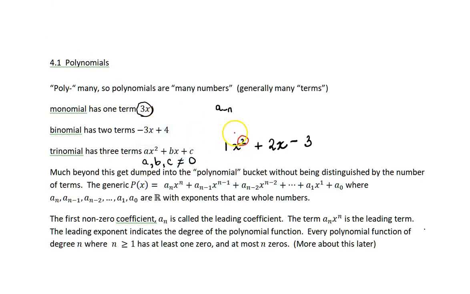Okay, so n, and then 1, and that's n, and then x to the 0, this is my n here. So my a to the n is going to be 1. My a to the n minus 1, right?